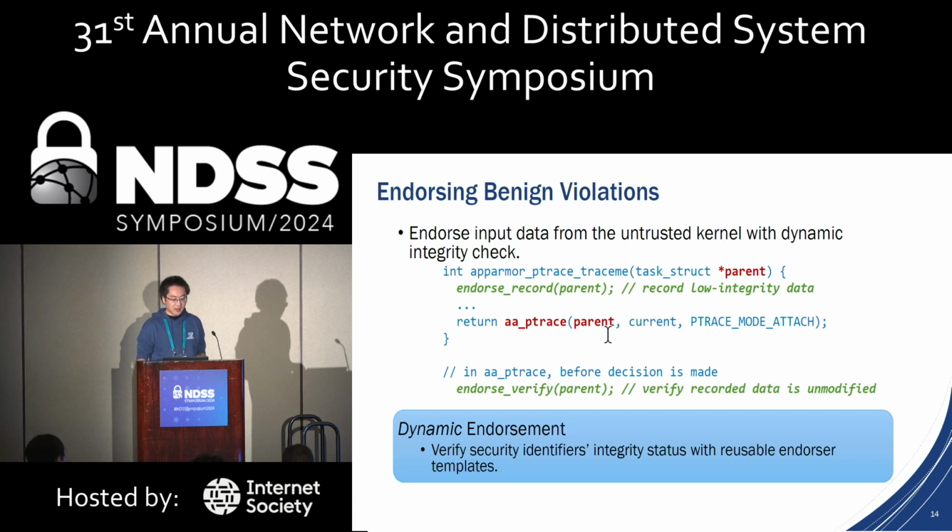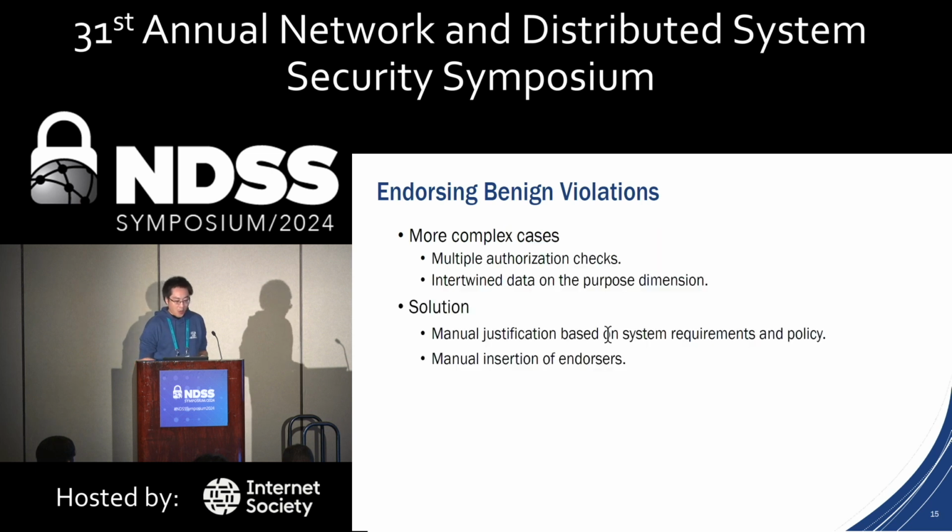We implement the dynamic endorsers with a few reusable templates for ease of use by developers. While the previous endorsements cover most of the cases we found with violations, there are several more complicated scenarios where simple endorsement wouldn't work. Some hook functions invoke multiple authorization checks in a single execution.